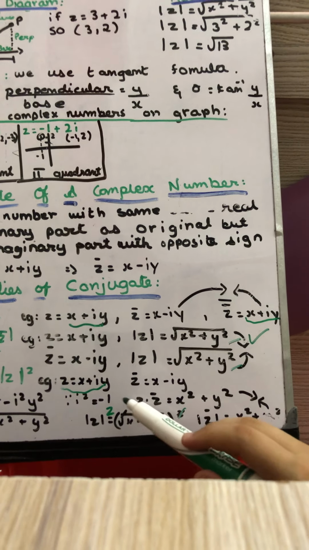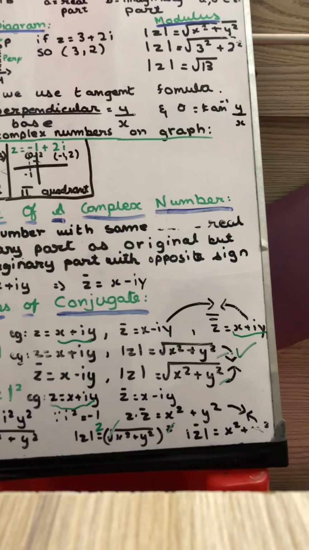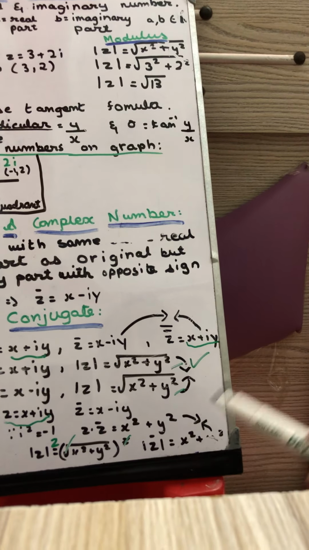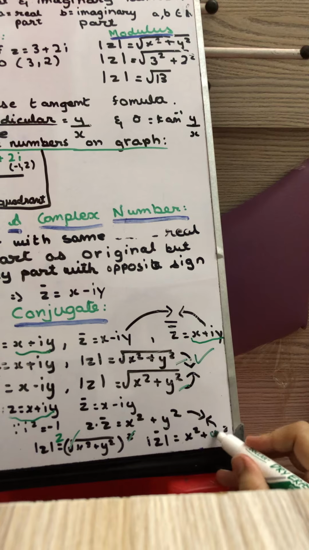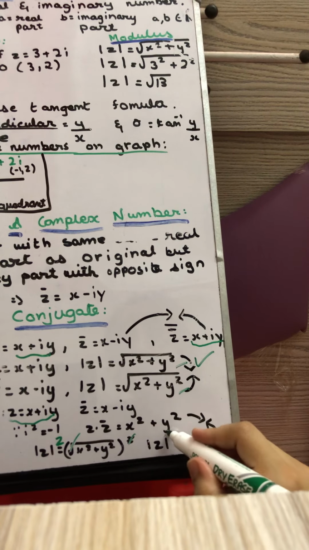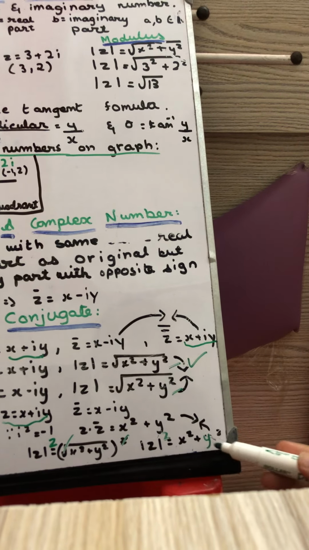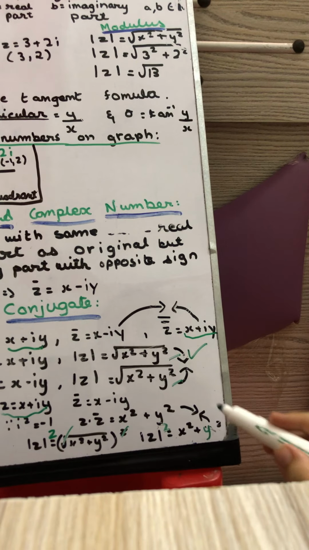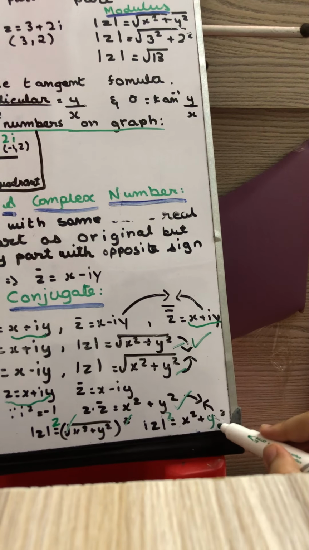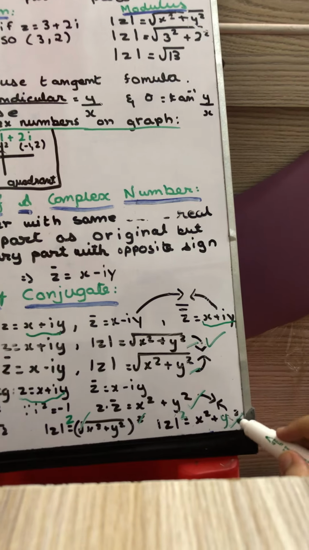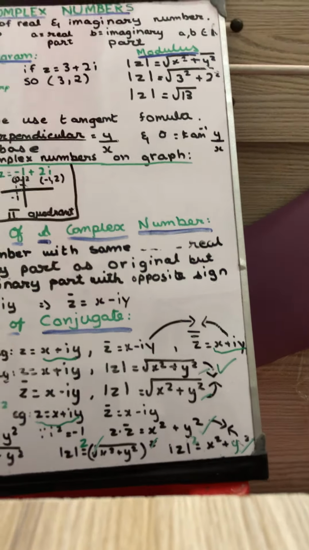So this square and this root cancel each other out. So the modulus of z squared is equal to x square plus y square. This is the answer of the left hand side and this is the answer of the right hand side. You can see these both are the same, so hence proved.